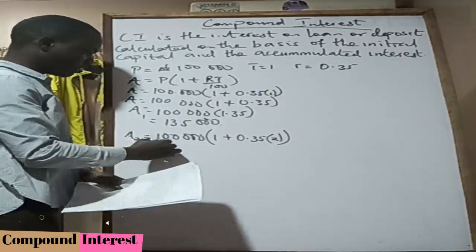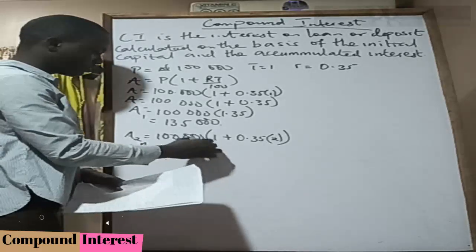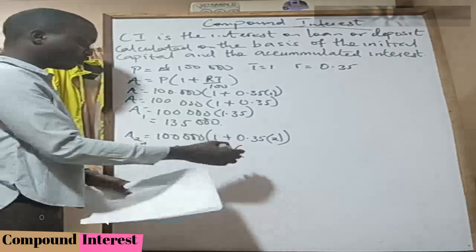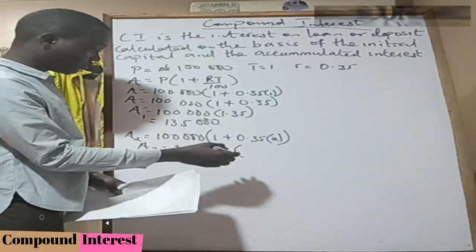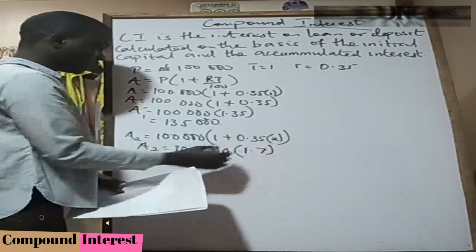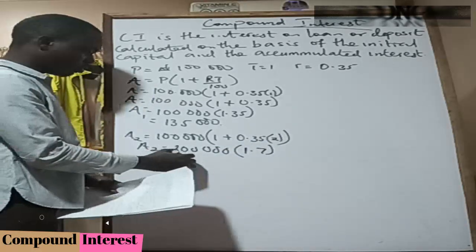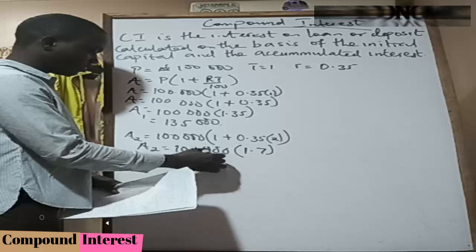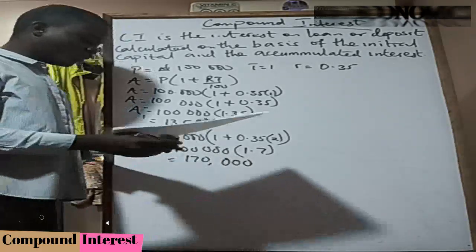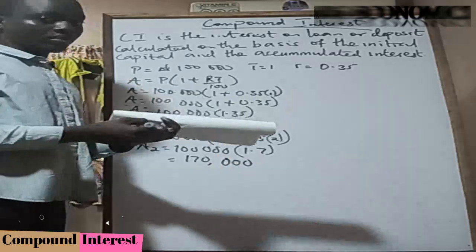So A2 is 100,000 into brackets 1 plus 0.35 times 2, that's 0.7, so I'll be having 1.7, and that should be 170,000. Which means in 2 years I should be getting 170,000.